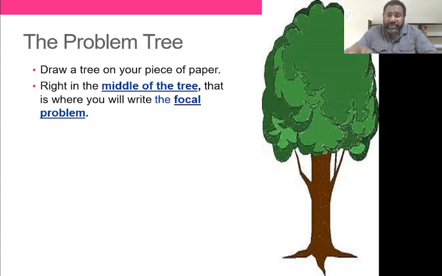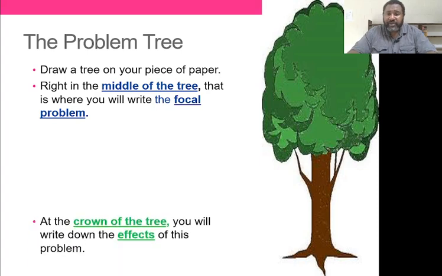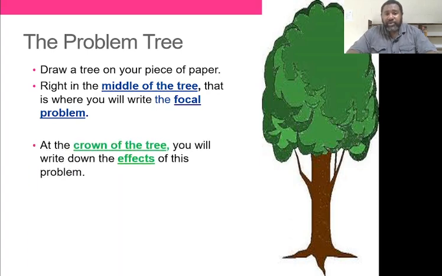In the middle of the tree, you write down the focal problem, the key problem that you have identified. At the top of the tree, where the branches are, the crown, this is where you write the effects.